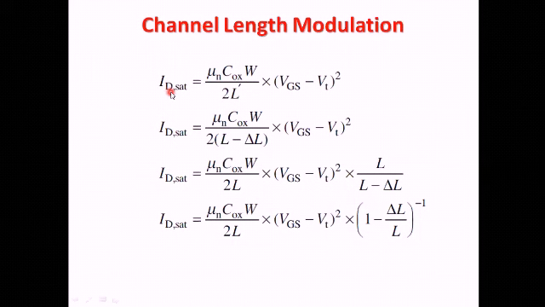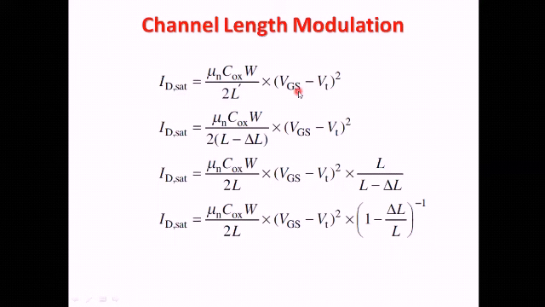ID saturation is equal to μn Cox W by 2L' into (VGS minus VT) whole square.